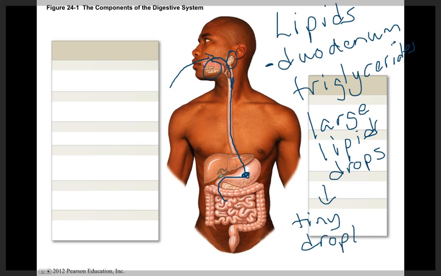And how that happens is that as soon as the lipids are in the duodenum, this large organ here, which is called the liver, is going to secrete a substance called bile. And so bile will be, through a duct, deposited into that duodenum, and then the bile breaks those large lipid drops down into tiny droplets.